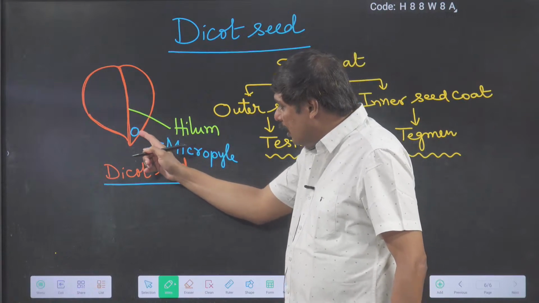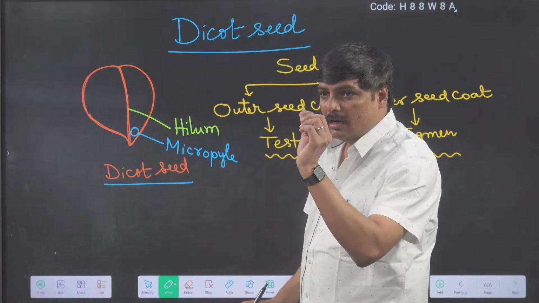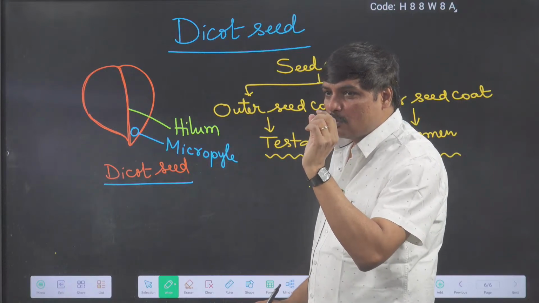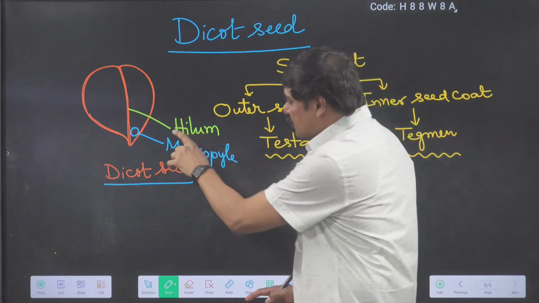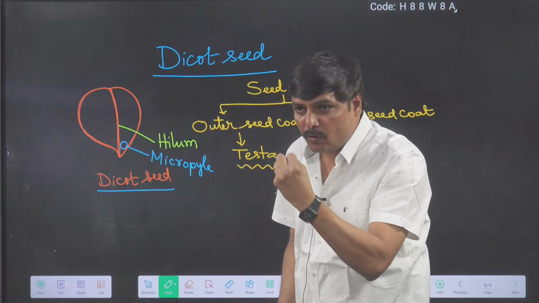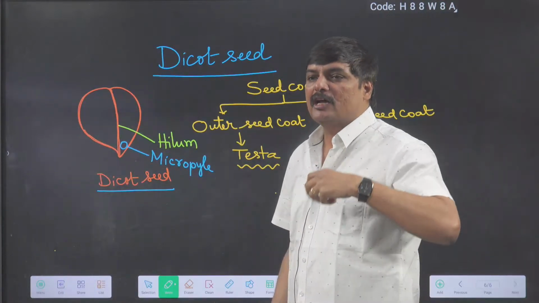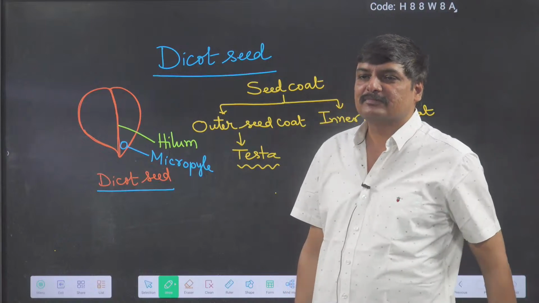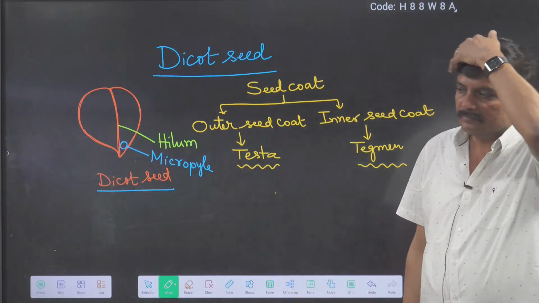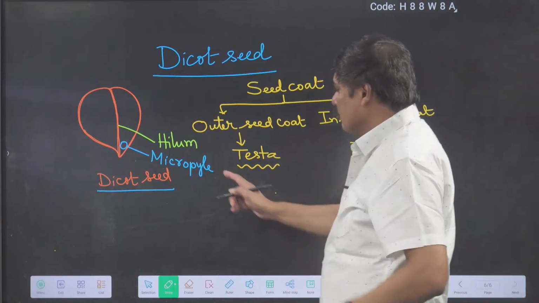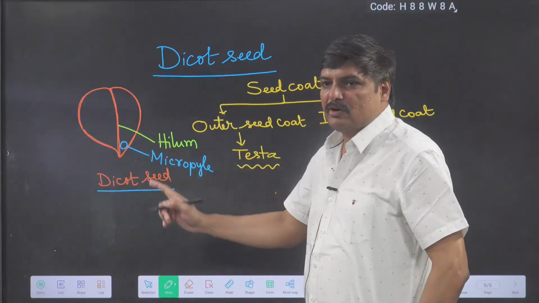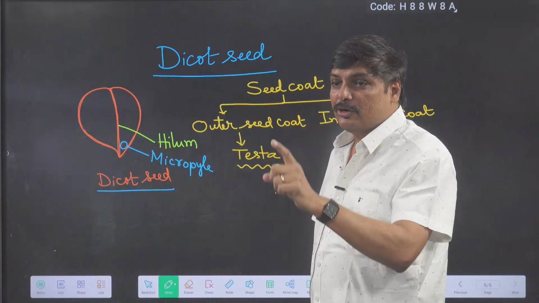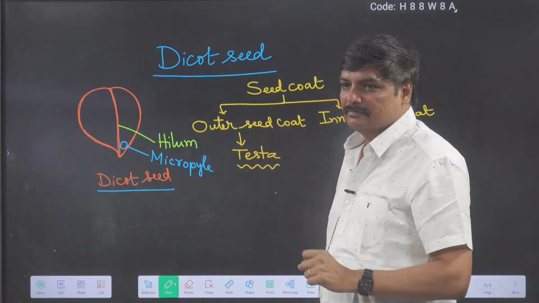And there is a small pore called seed pore or micropyle. This is useful for absorption of water and also oxygen during seed germination.